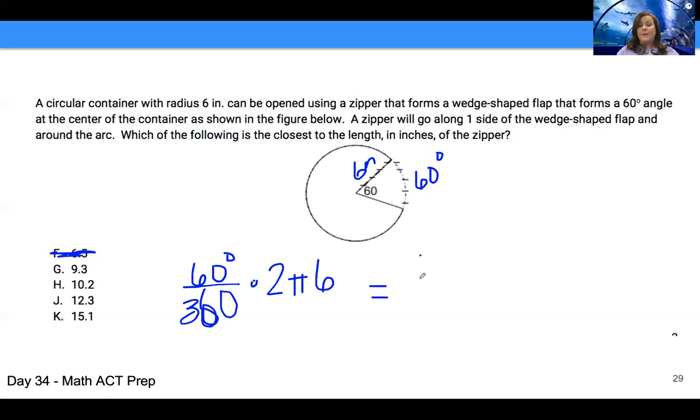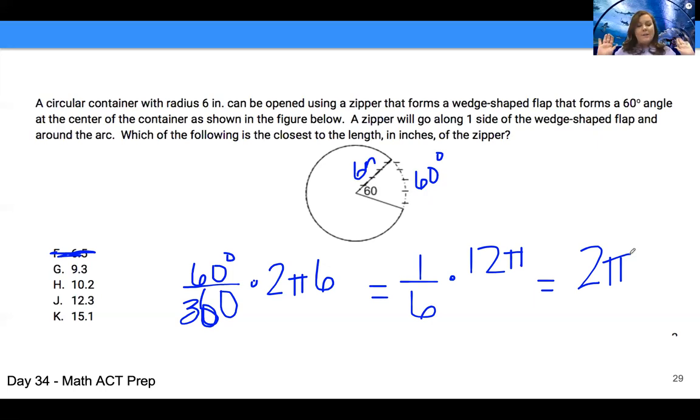So now we're going to get 1/6, and this is why I don't like to use calculators, because look how this is going to cancel out here. Times 12 pi is going to give me 2 pi. And now this is probably when the calculator can come in handy. You can do 2 times pi plus 6 inches.